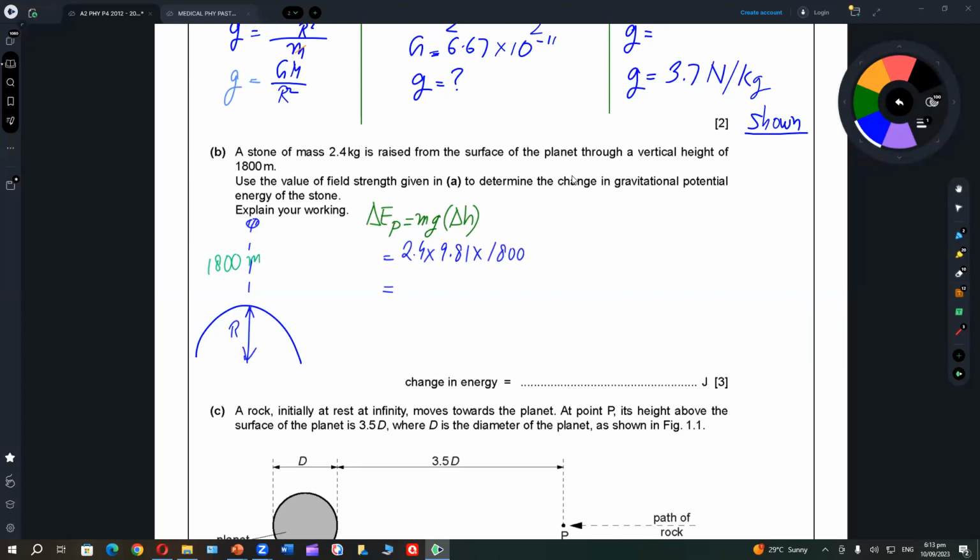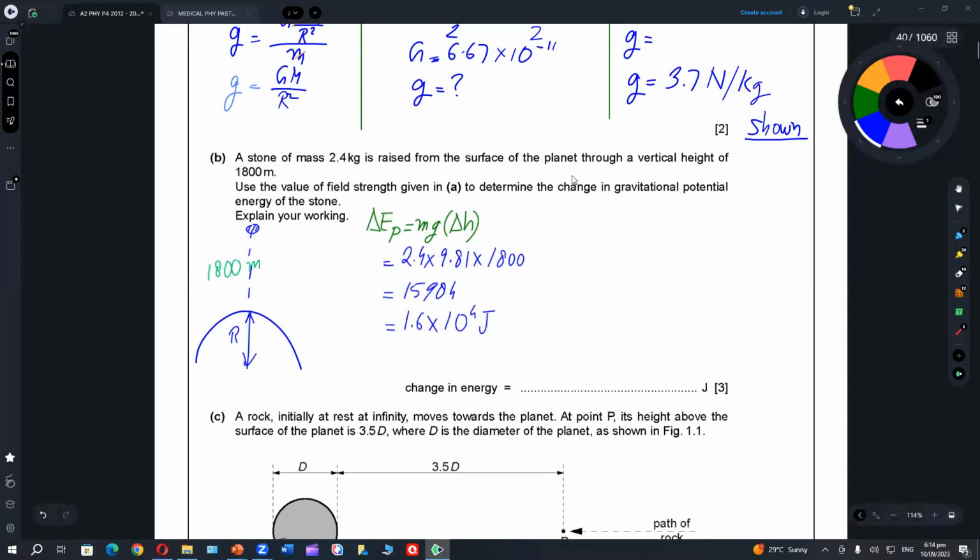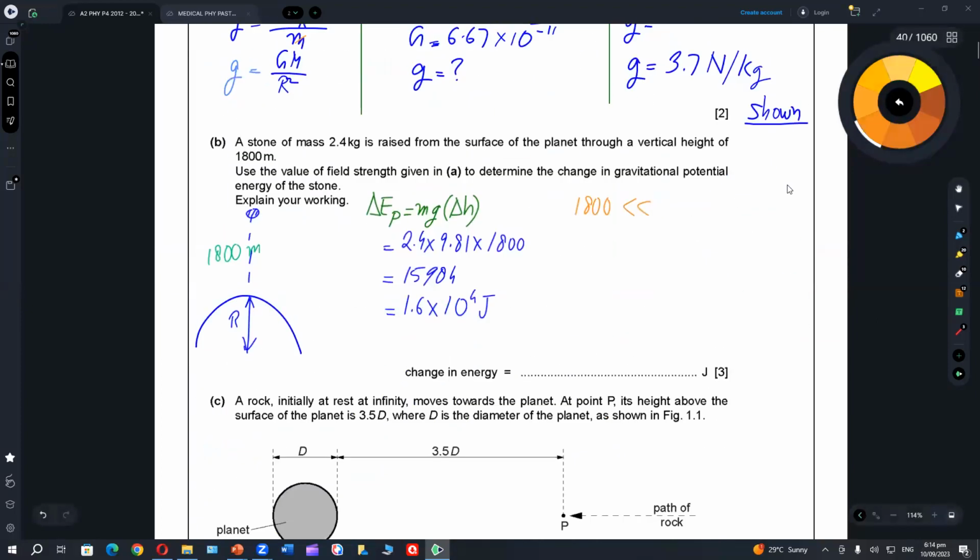15984. Now, there is a very technical point in this question because normally when we are in a lecture, we say that this formula is not suitable in A2. But why this formula is here, we have used it because 1800 meter is quite smaller than the radius 6.8 times 10 power 6.